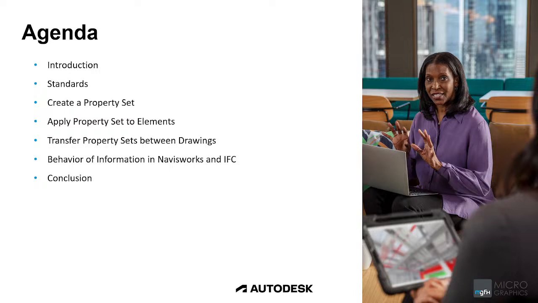So to start off with our agenda today, just by way of introduction, I'd like to introduce the issue to you. Then we'll quickly talk about standards. Standards are various different standards that you could have within the construction process. Typically, if we have 3D models, then we attach information to the 3D elements, and that could be relevant downstream for whatever reason.